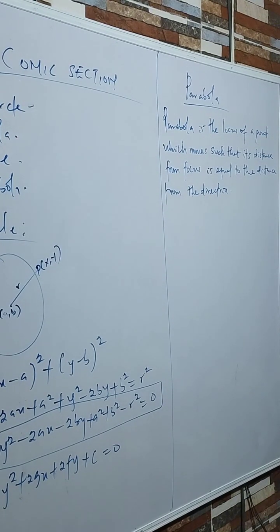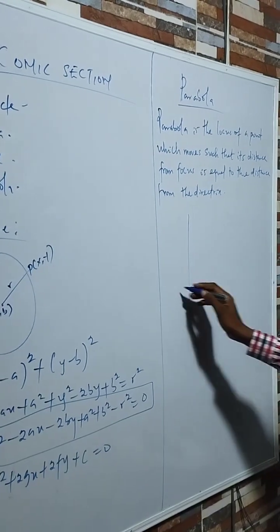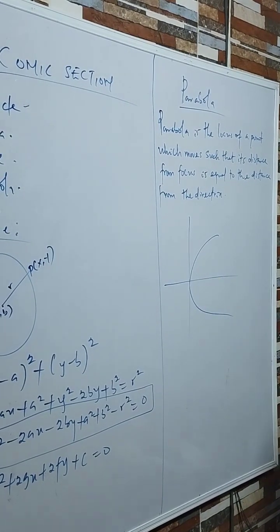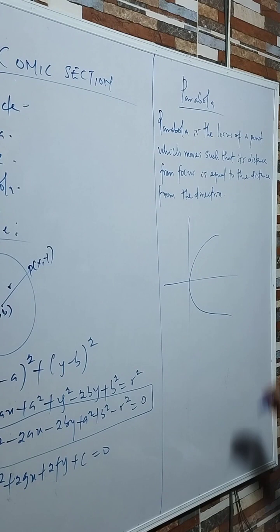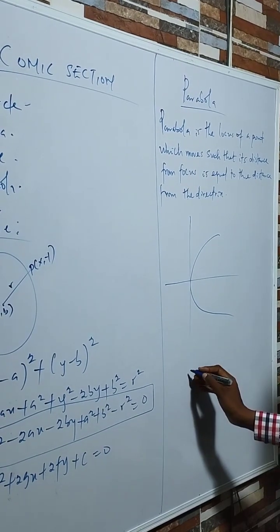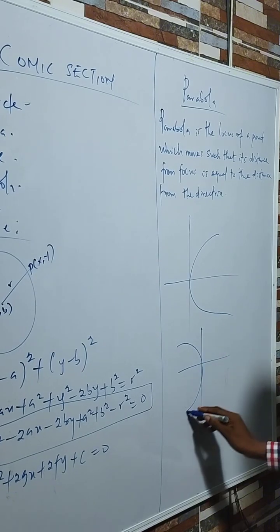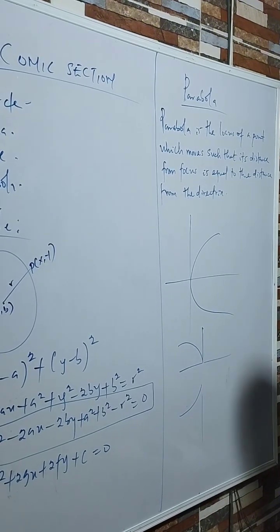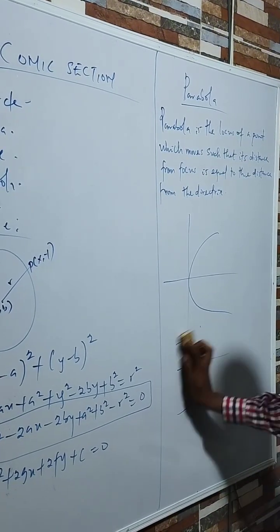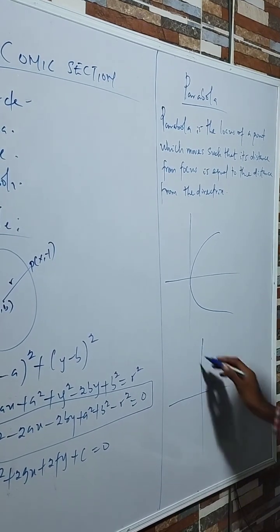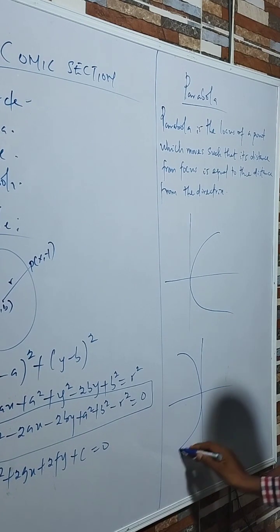Now, the parabola can come in different ways. We have a parabola that can be like this. This is one part of the parabola. We can have it placed another way, like this, in the opposite way.